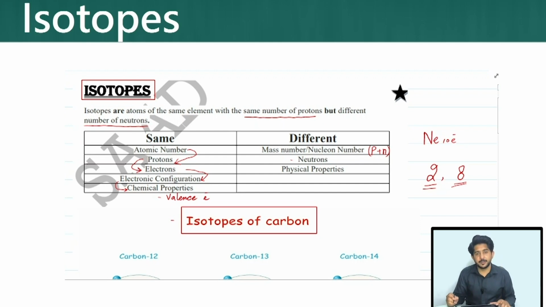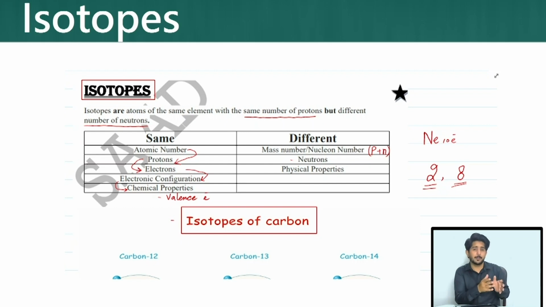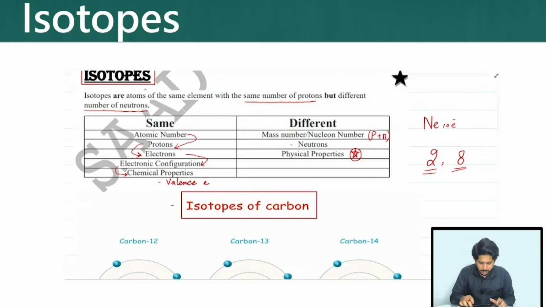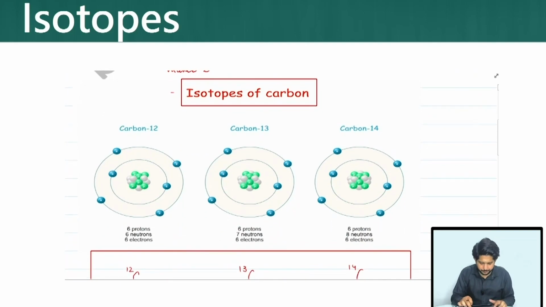If they have different neutrons, obviously they have different masses, and mass is actually a physical property. So masses are different means physical properties are different. Let's understand the whole concept through the isotopes of carbon.